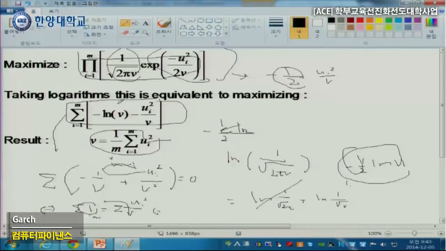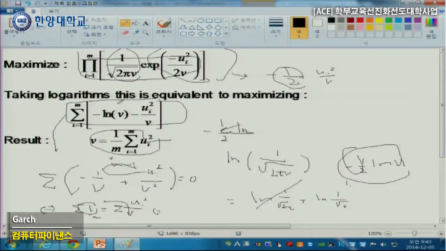But in maximum likelihood estimation, dividing by m is even better. So it is like a sample variance. So the maximum likelihood estimate of v is actually the sample variance, which is exactly what we learned. We learned the variance is important, and that is justified with maximum likelihood estimation.